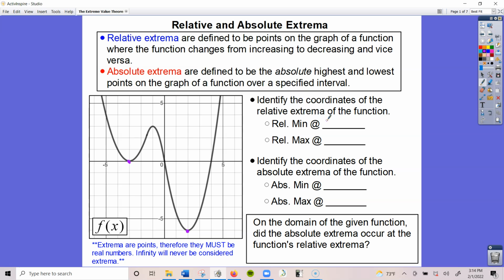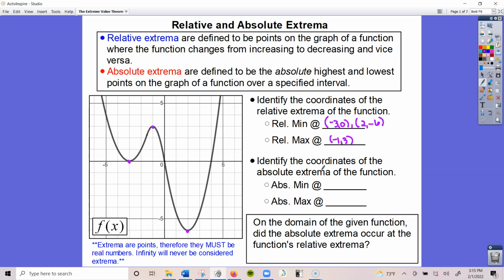So my relative minimums, we have two, like I said, would be at -3, 0, as well as 2, -6. For the maximum, that's when your graph changes from increasing to decreasing. So that would be at this point here, which is at -1, 3.